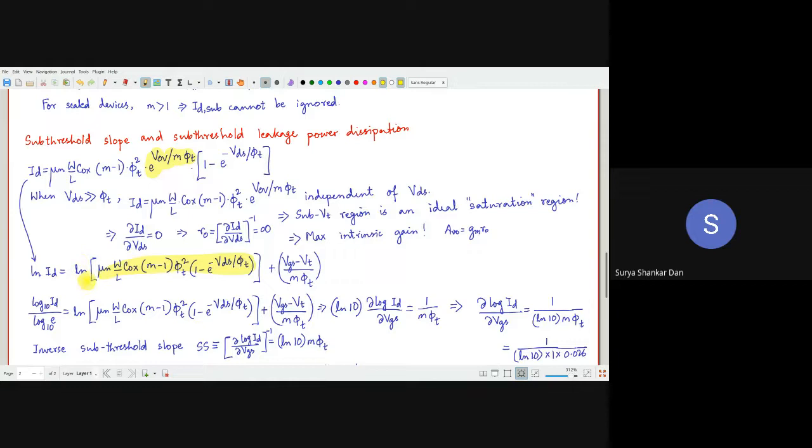So ये natural logarithm लिए है ना, ln, many people call it. So if it is ln, then this e to the power of VOV by phi t will simply be like VOV by m phi t. This part here, I have taken log of this term.